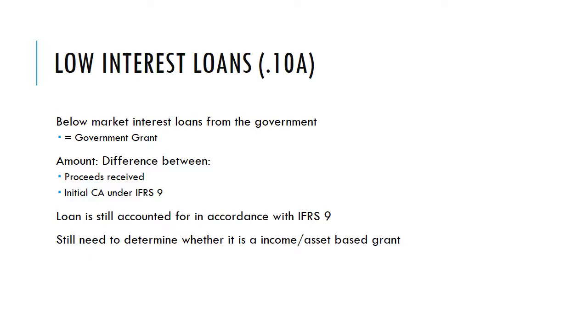If this is a low-interest loan to buy an asset, this is a monetary asset-based grant because now you're paying less interest. If the low interest rate loan that you received was to pay for training for your staff, then it is an income-based grant. And remember, like we've said, the manner in which you receive the loan does not change the accounting treatment.